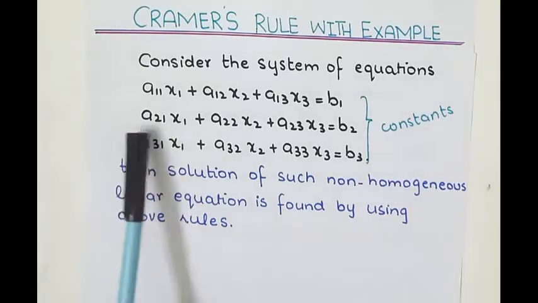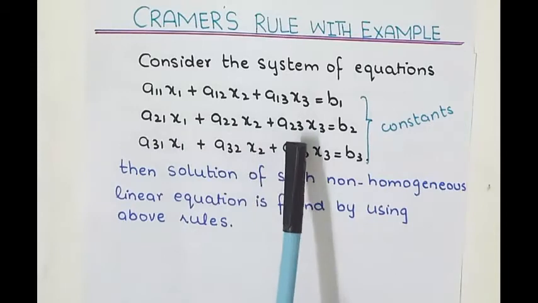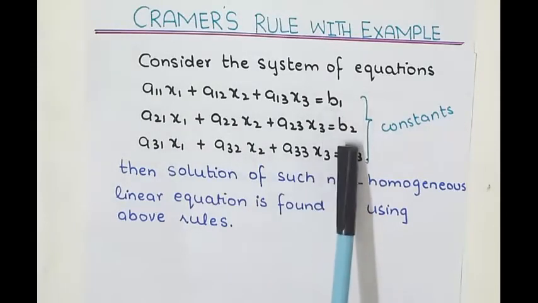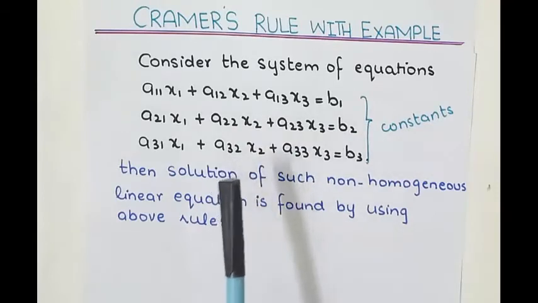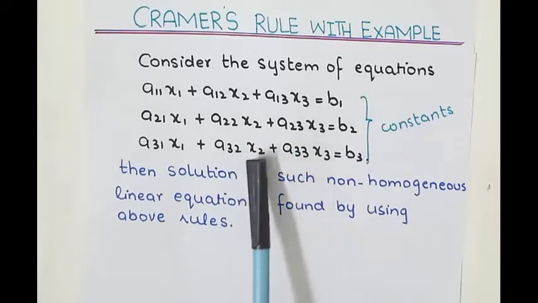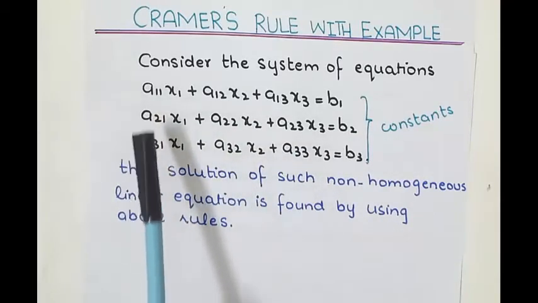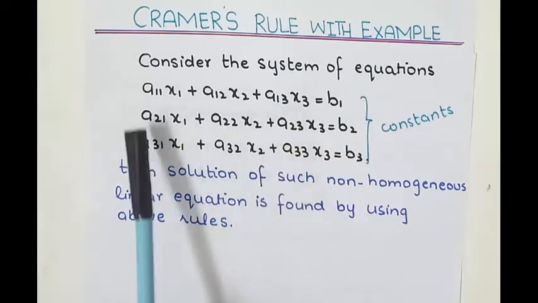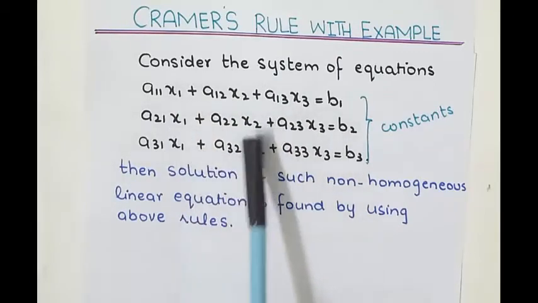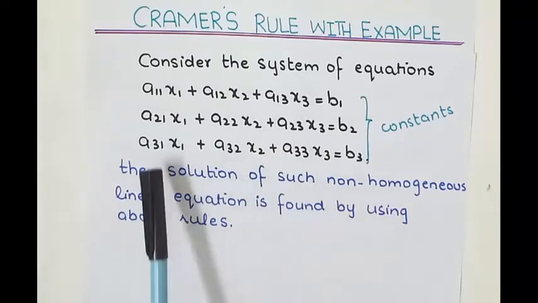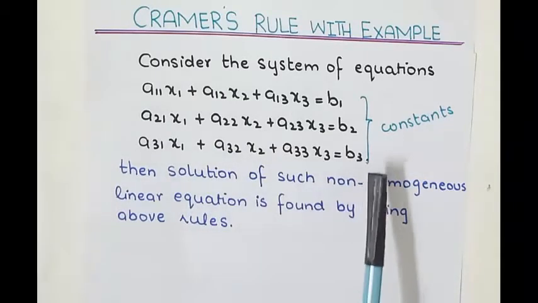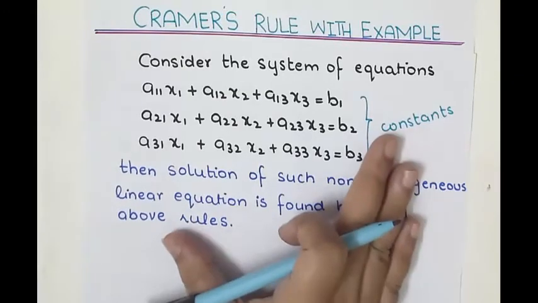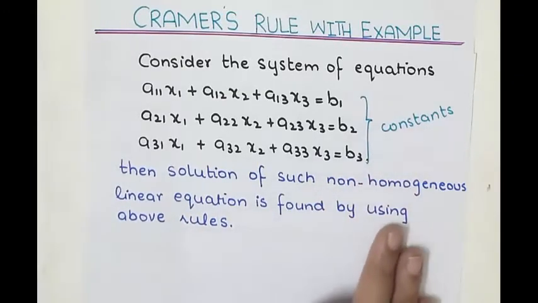Then we have a21 x1, a22 x2, a23 x3 is equal to b2. b2 is a constant. x1, x2, x3 are the variables whose values we have to find, and a11, a12, a13, all these are the values of a matrix. And similarly we have a31 x1, a32 x2, a33 x3 is equal to b3. So we have a system of non-homogeneous linear equations.